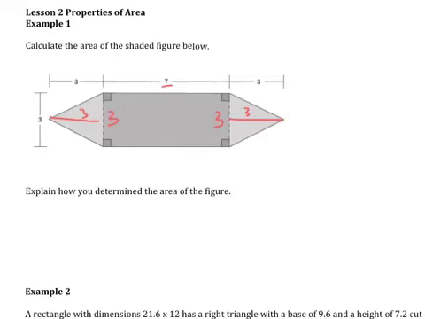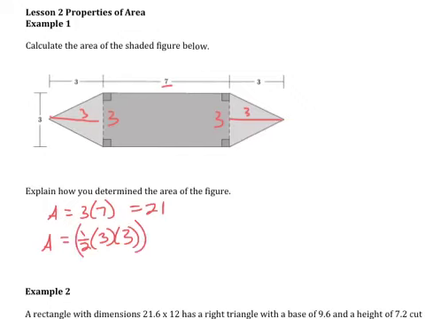So the area of the rectangle is going to be 3 times 7, which is 21. And then the area of one of the triangles is going to be 1/2 times 3 times 3. We happen to have two of those, though. So basically, if I multiply that by 2, that's going to reduce with the 1/2, and the area of the two triangles is going to be 9.